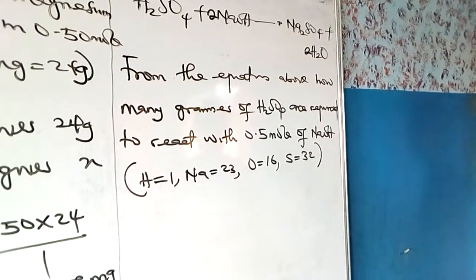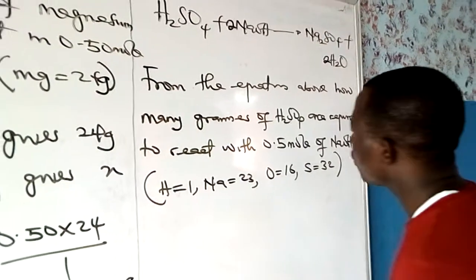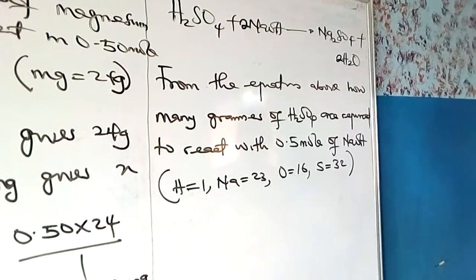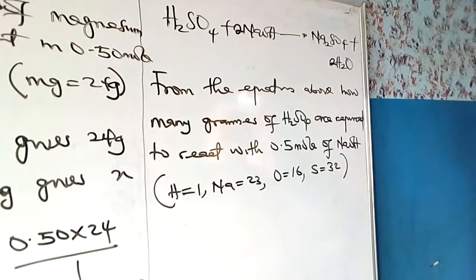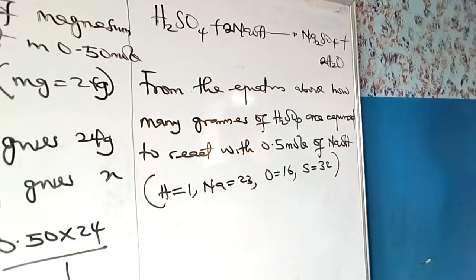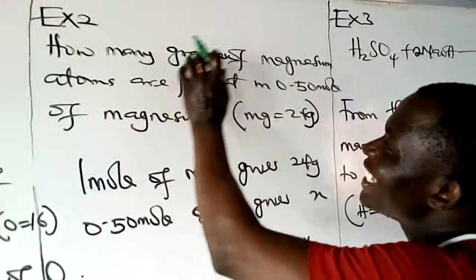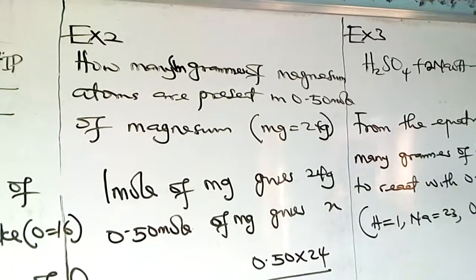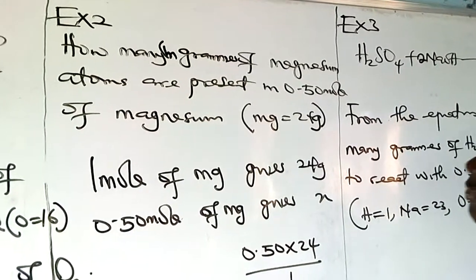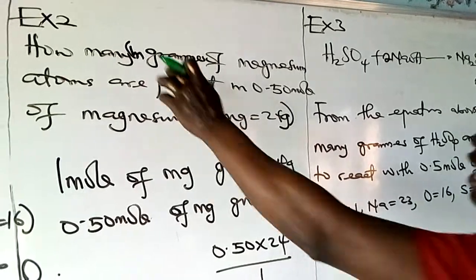The question says that from the equation above, how many grams of H2SO4 are required to react with 0.5 mole of NaOH. So in the other question we solved earlier, how many grams of magnesium atoms are present in 0.5 mole of magnesium? How many gram? Not how many mole, it's how many gram.